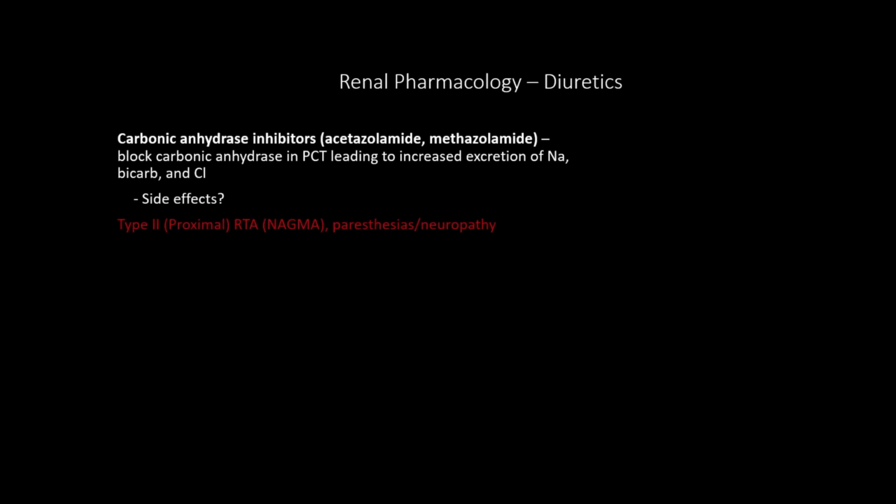If you see this on an exam, you calculate the anion gap as sodium minus the sum of chloride and bicarbonate. If you have a non-anion gap metabolic acidosis and they give you in the history an indication why they would have been taking a carbonic anhydrase inhibitor, like you mentioned, maybe they had acute glaucoma or idiopathic intracranial hypertension, they might be trying to go after a side effect, specifically the renal tubular acidosis.